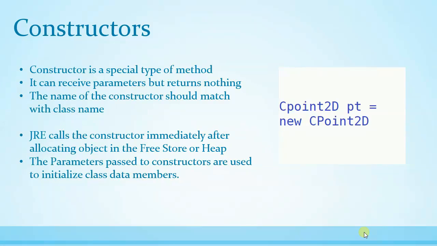Here also there is a typo. The very first statement C2D, the p should be caps there. So the constructor initializes the internal data members. That's the main purpose of the constructor.